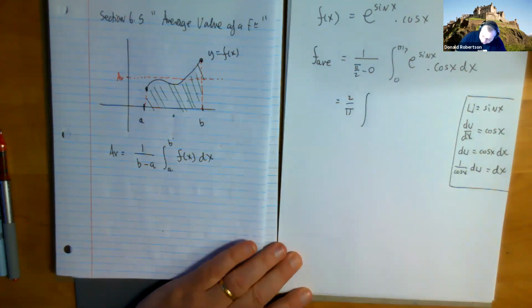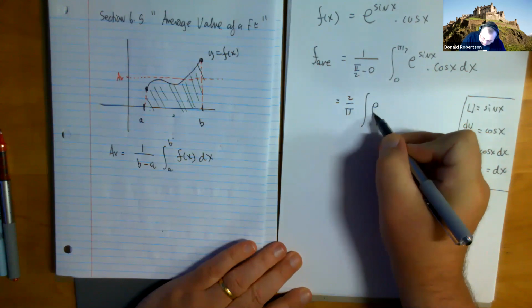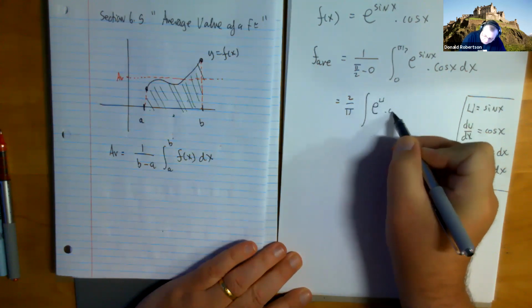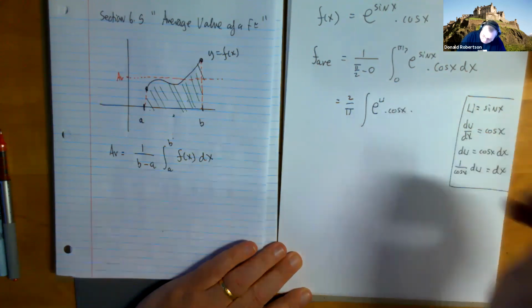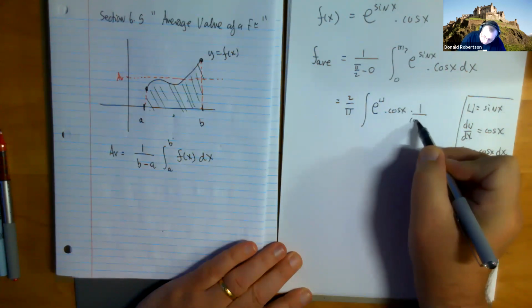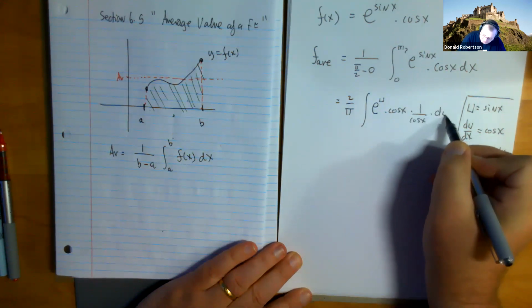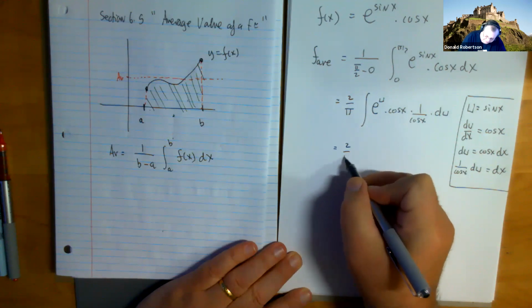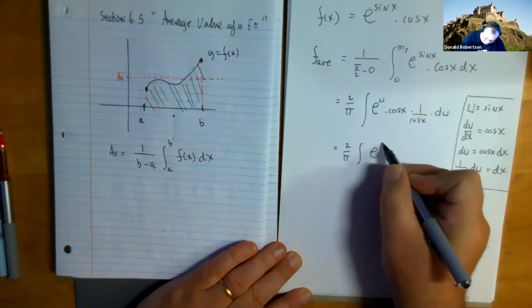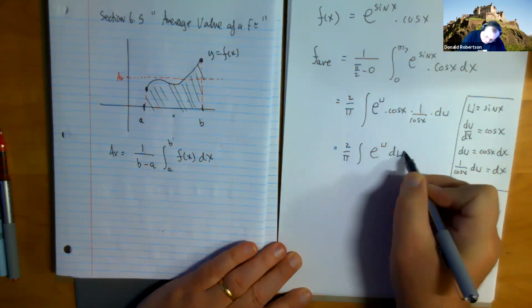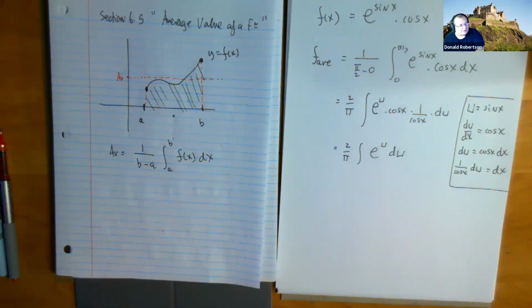Now, it's going to be the integral of e to the power of u cosine x times 1 over cosine x du. And sometimes it's just so elegant, is that not pretty? It just is so nice looking.